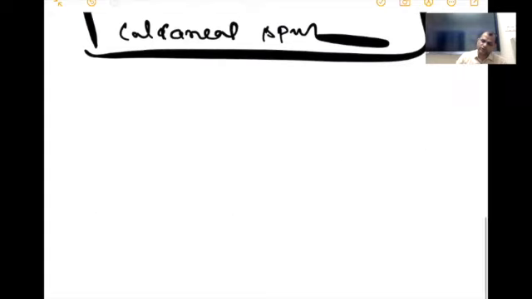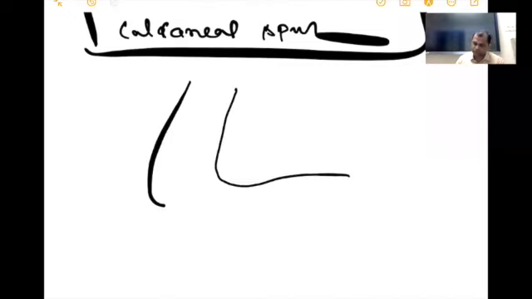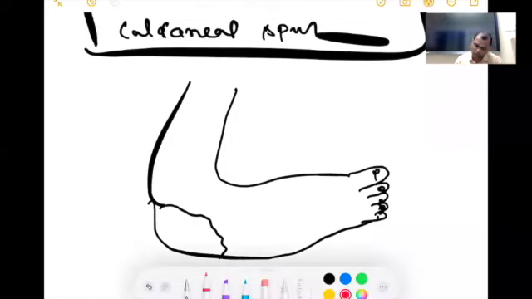So the question is, this is the ankle joint, and this is the bone. The name of this bone is calcaneum.